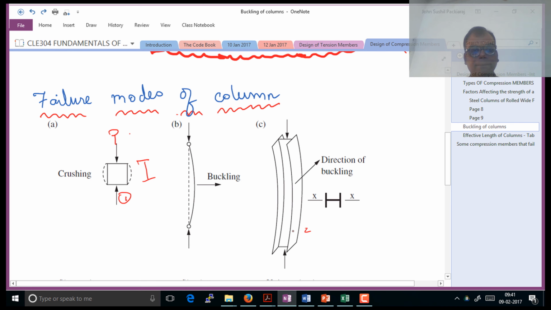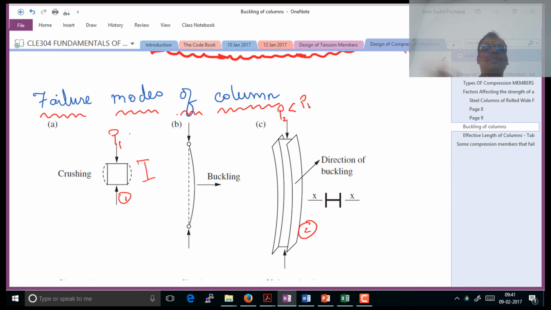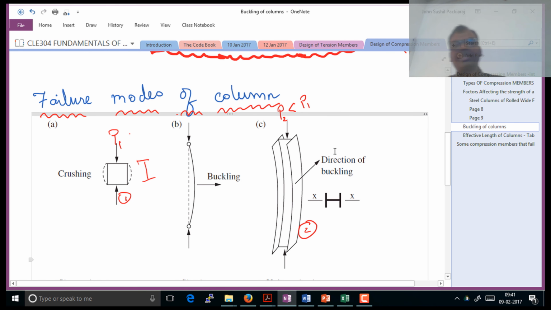However, when I take this column, it will yield at a load which is less than P1, maybe much lesser than P1. That is because of the buckling which comes into the picture. The area is the same, the I value is the same, but the unsupported length is different. So the column could fail in buckling.